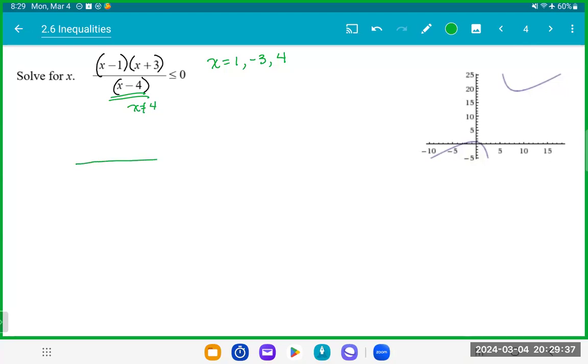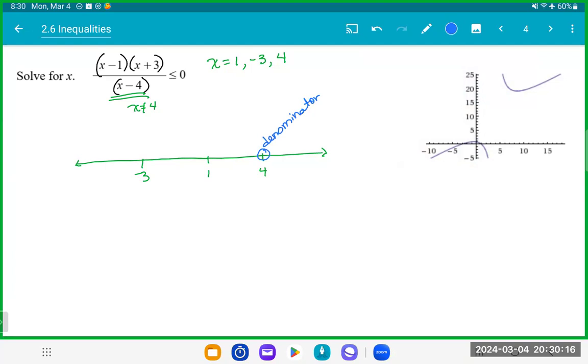So when we build out our table here, again, remember we want to list it. Think of this as if it was a number line. So we want our smallest values of x here. So -3 is the smallest, and then 1, and then 4. I'm going to go ahead and put a hollow dot right here because this is where my denominator is undefined. So I know even if this becomes part of a solution, I cannot have a bracket on this.